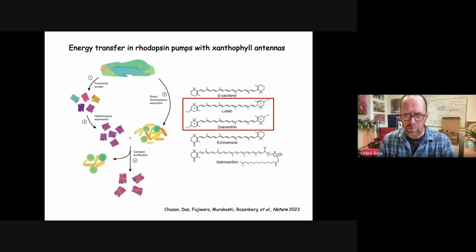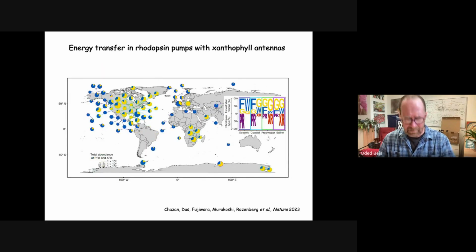Lutein and zeaxanthin absorb in blue. And in that paper, we were able to show about a 40% increase in light harvesting when we add those antennas. So those light harvesting complexes are really helping those rhodopsins. And for the distribution, you can see here different stations, different marine stations, also different lakes.